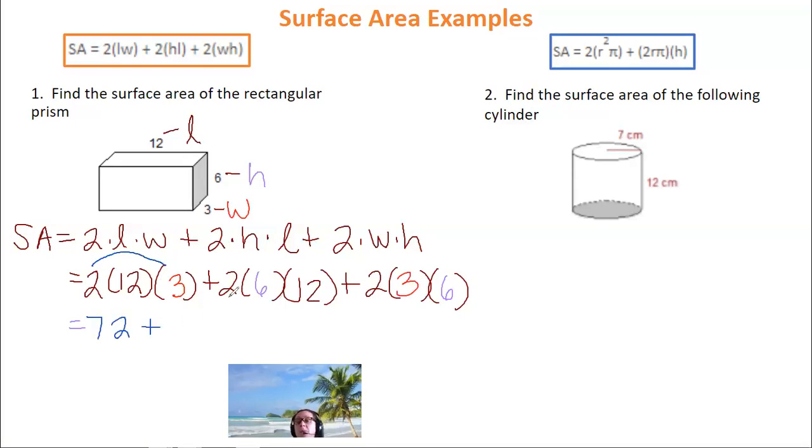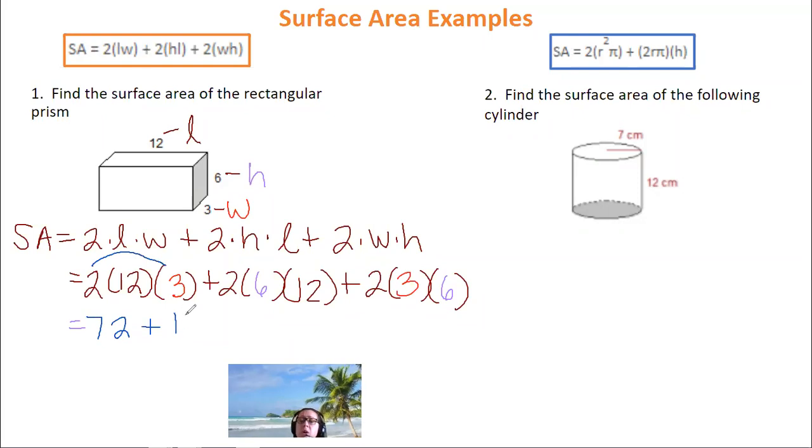And then what about this one? 6 times 2 times 12. Or 12 times 12. Yep, that's 144.